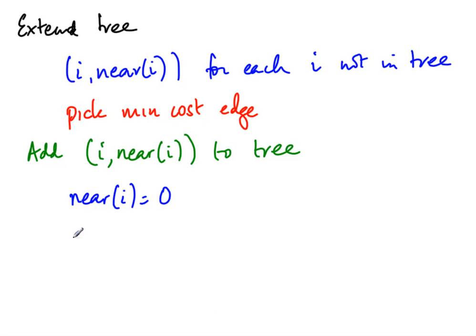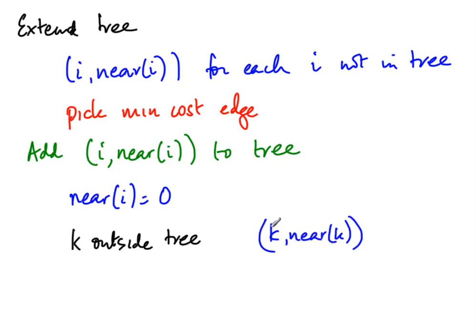Now what happens to other vertices k outside the tree? For such vertices we had possibly a pair k, near of k, which is the best edge to the old tree.